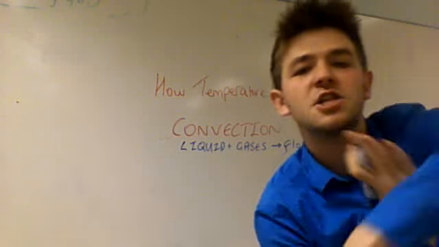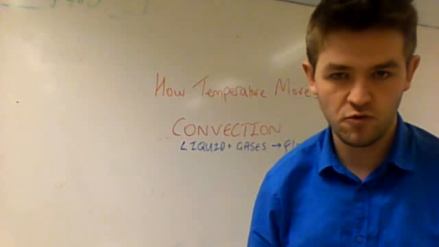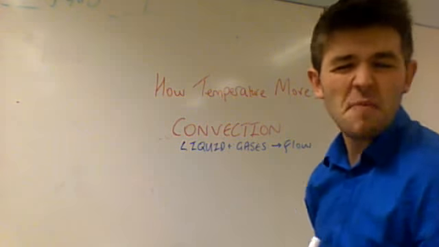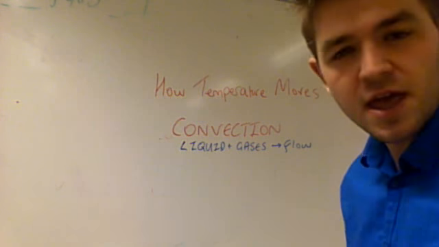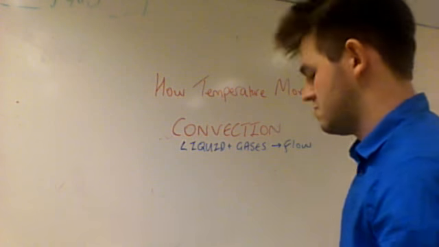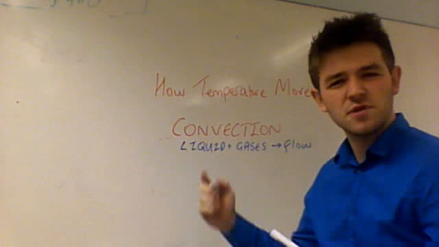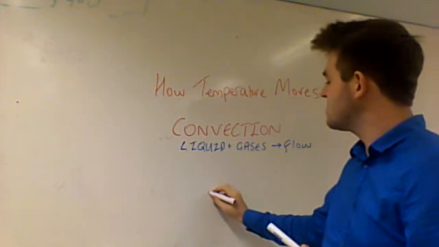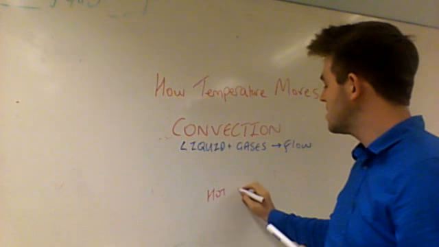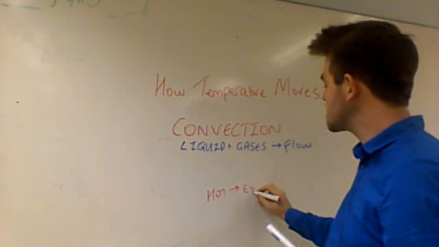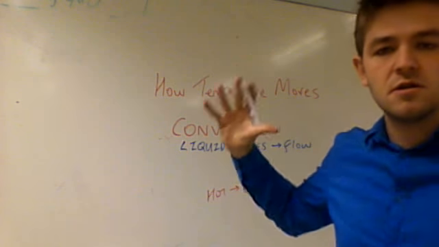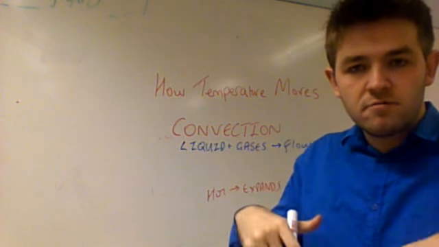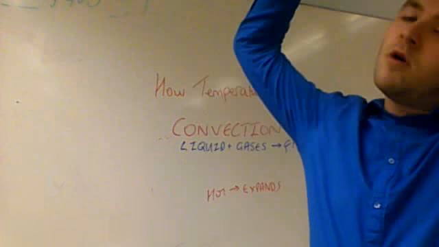They need to be able to move. The best example of this you may find if you have a heater or something in your room. What happens is that if something is hot, it expands. As you know, it needs more space. So it may start to go up.